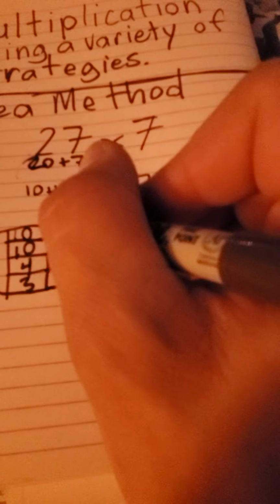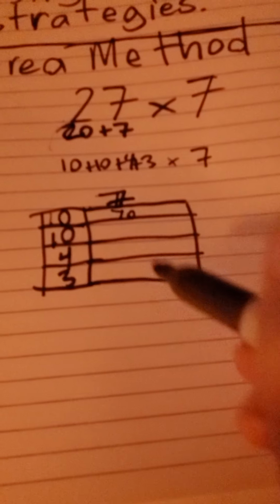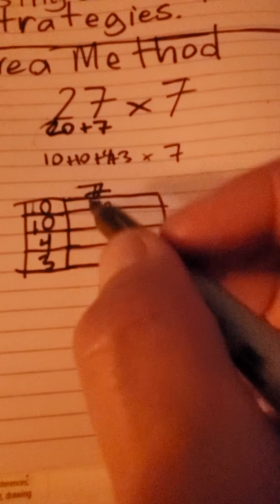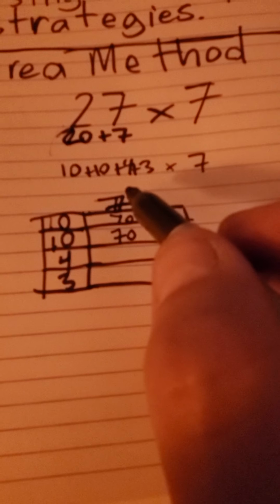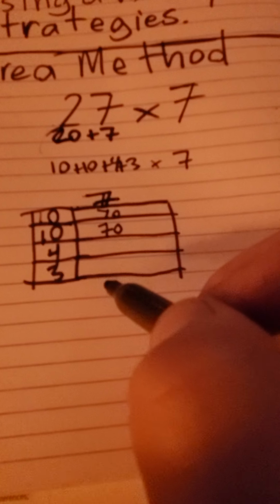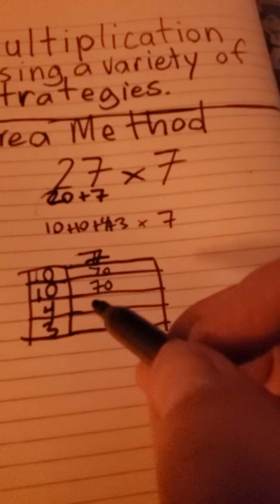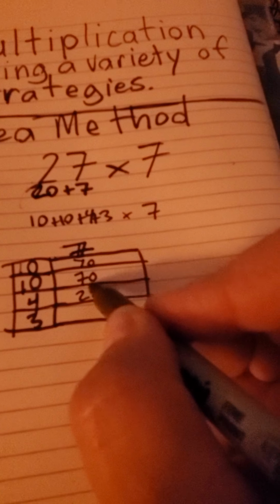10 times 7 we know is 70. 10 times 7 again we know is 70. 4 times 7, we can use a multiplication chart, we can skip count, but when we get there we'll see that it's 28.